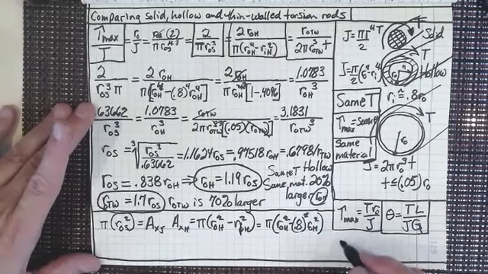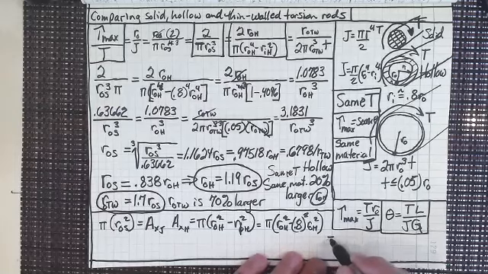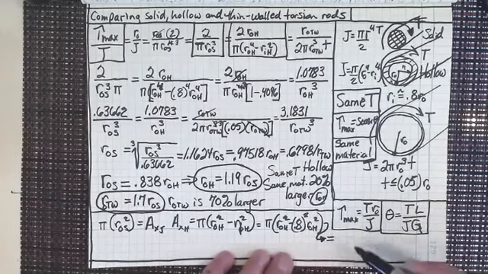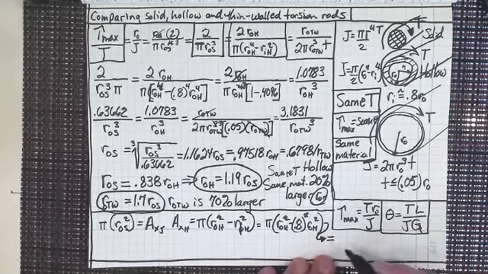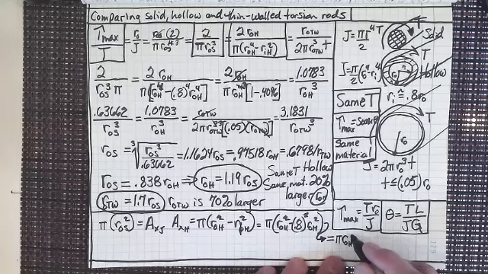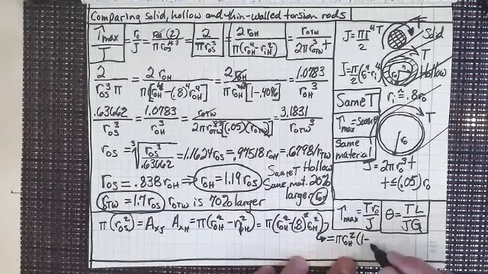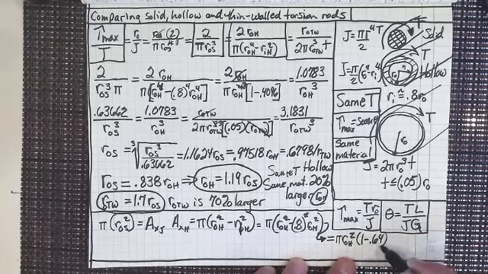If I continue this down here, I really have pi times R outer of the hollow cylinder squared times 1 minus 0.64. Does everyone see that?